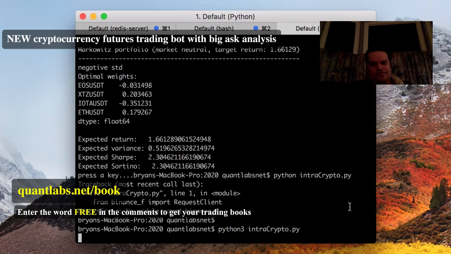So knowing this, let's say you had a serious update and you wanted to boost your returns. You normally wouldn't want to just trade one, the best crypto coin out there.